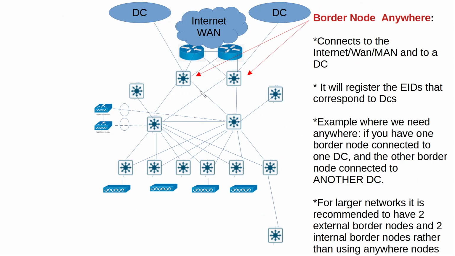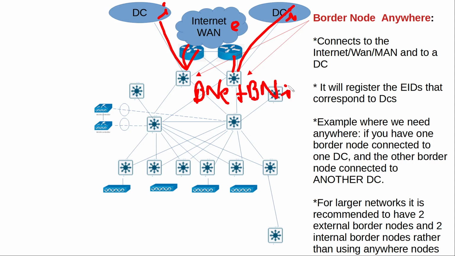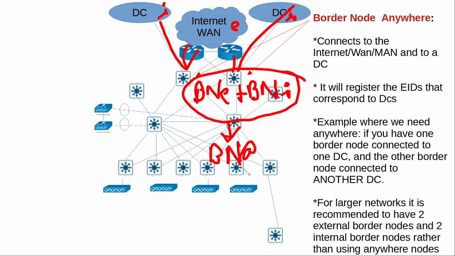Now, if your border nodes are connected to both external networks and internal networks, that means that your border node will behave as an external border node, and it will also behave as an internal border node. That is said to be an anywhere border node. So an anywhere border node behaves both as an external border node and an internal border node.